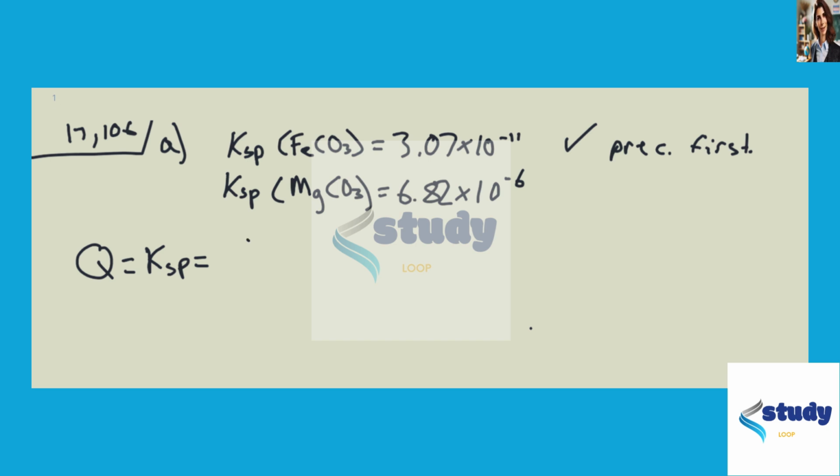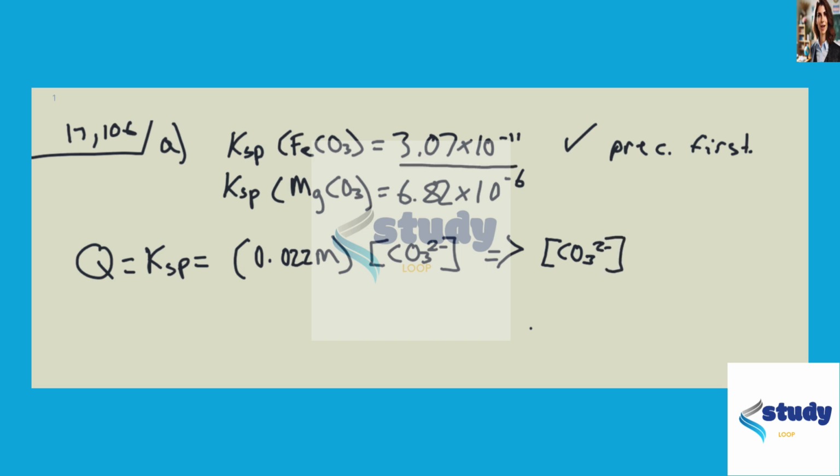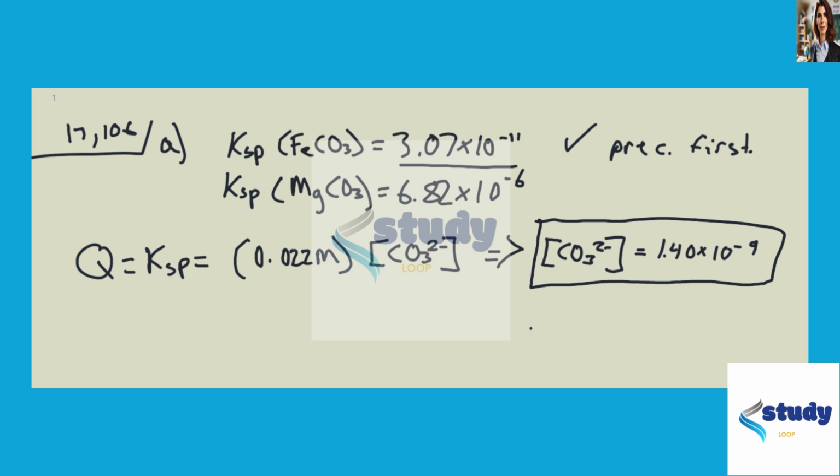So we're given the concentration of iron as being 0.02 molar, and the concentration of carbonate is what we're solving for. So if we solve for concentration of carbonate by dividing KSP by 0.02, the iron concentration, we get 1.40 times 10 to the minus 9. At this concentration of carbonate, or potassium carbonate if we're including the whole molecule, precipitation will begin.